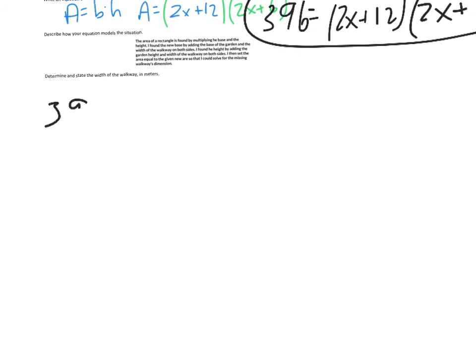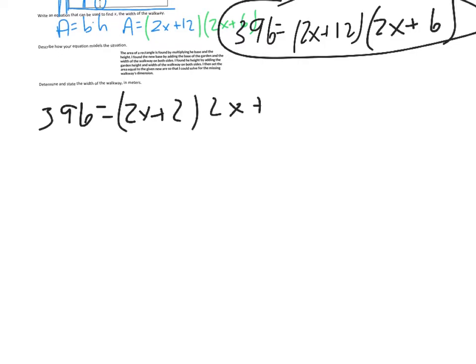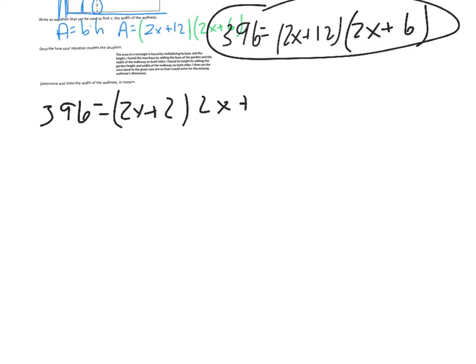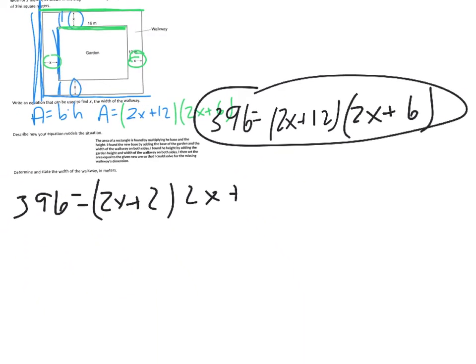So 396 equals 2X plus 12 times 2X plus 16. So that should be a 16 right there. Aha. Thought I'd skip that step. Should be a 16 there too. Alright.